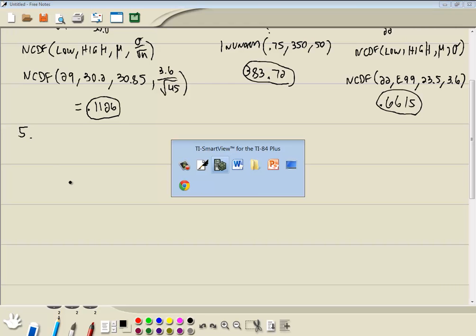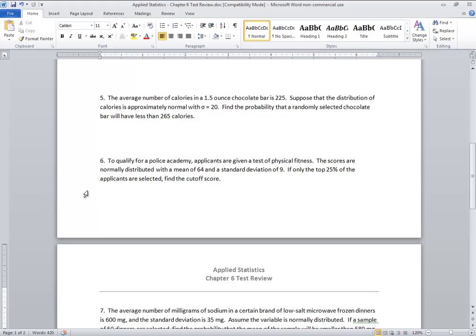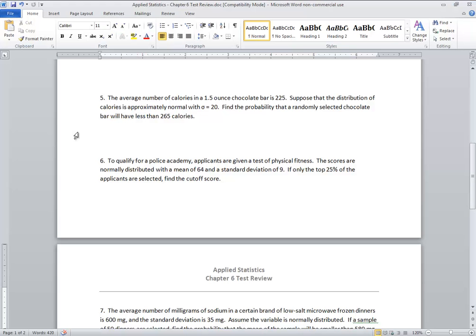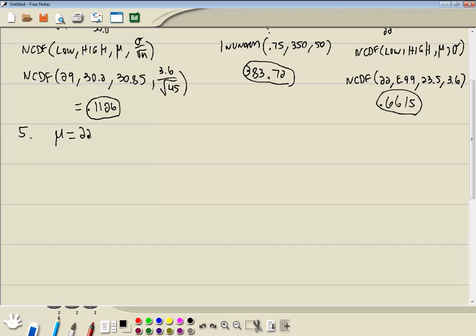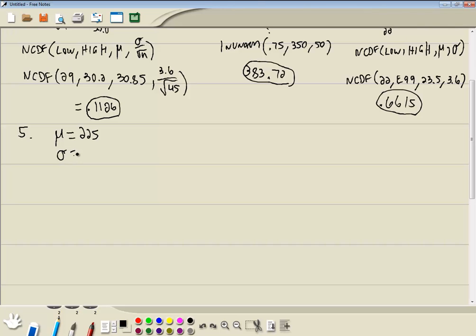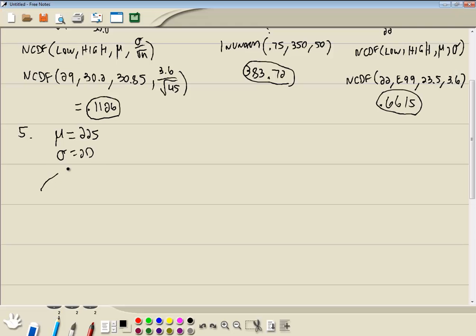Okay, let's look at number 5. The average number of calories in a 1.5 ounce chocolate bar is 225. Okay, suppose that distribution of calories is approximately normal with sigma equal to 20. Find the probability that a randomly selected chocolate bar will have less than 265.